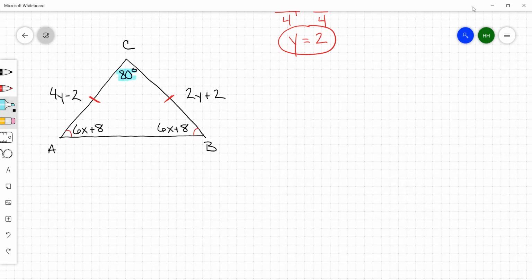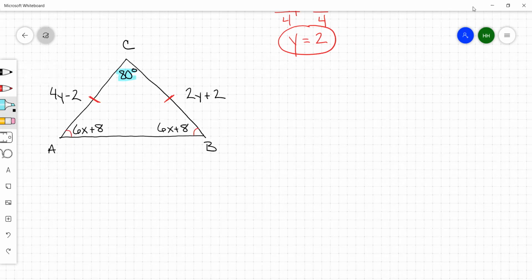If all the sides of a triangle are the same, aren't all the angles the same? If all the angles in a triangle are the same, what do they each measure? They each measure 60. So as soon as one angle is not 60, that means the sides can't all be the same. But with these two congruent sides, we know that these two angles down here are congruent.